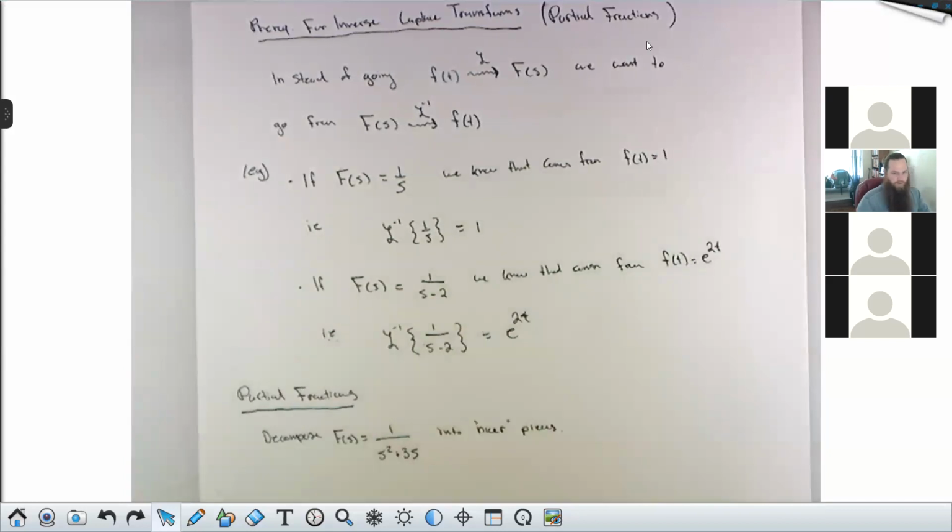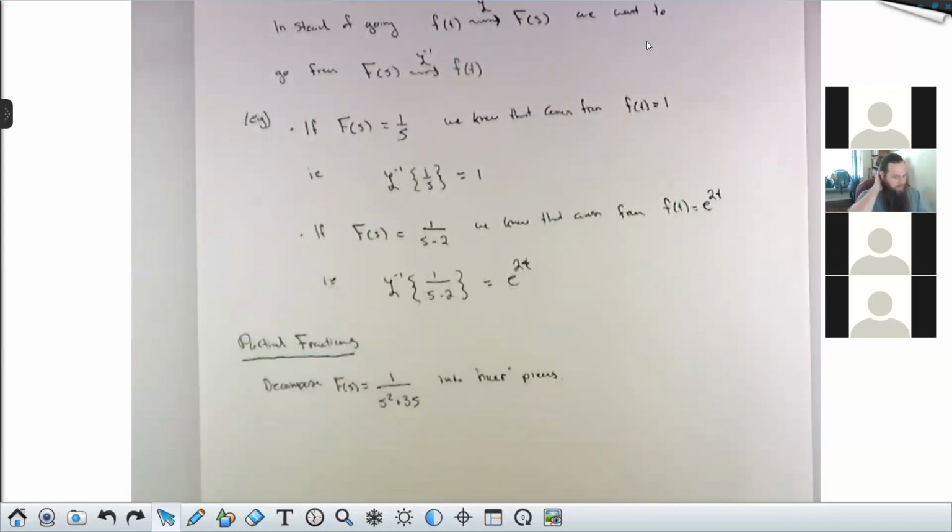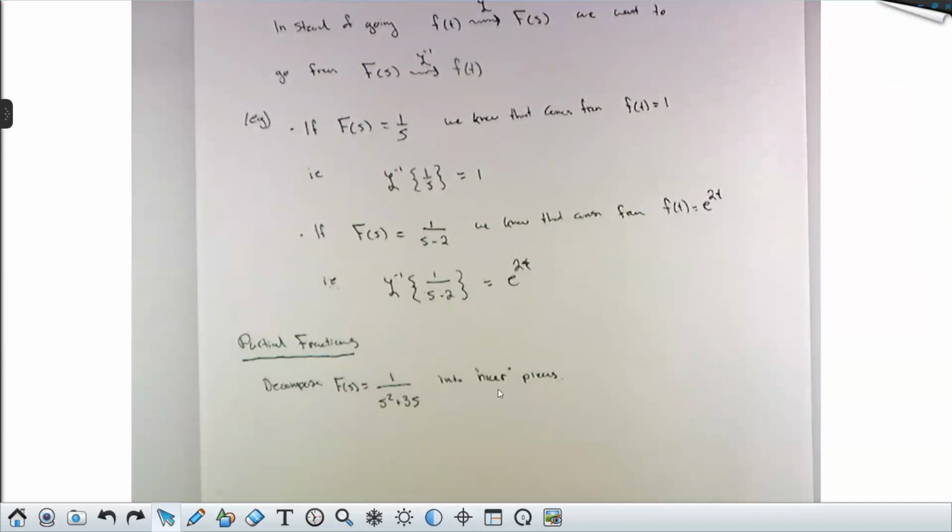Just like you would do if you wanted to integrate this function. If I wanted to integrate this function, I would run partial fractions, split it up, and then integrate the bits. Well, here I want to inverse Laplace transform this function. So same idea. I want to split it up into nicer bits. Who remembers how to do this? Who remembers how to run partial fractions on something like this? You factor the denominator. Very good.